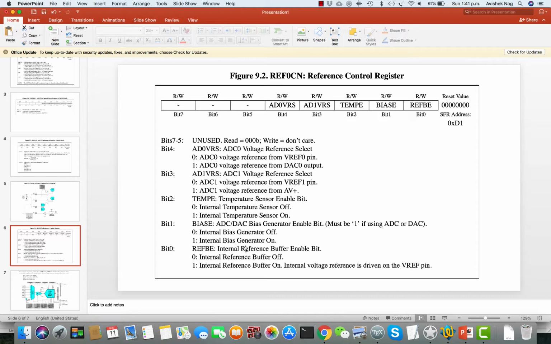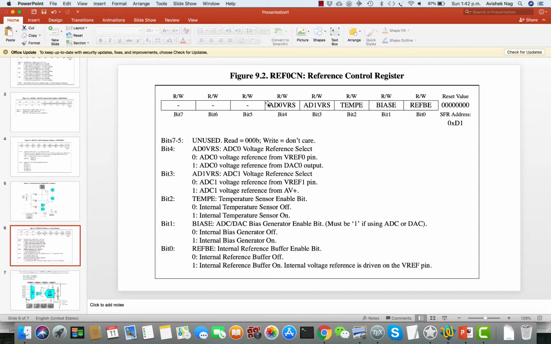For this particular case you have to set bit 1 equal to 1, which means the internal bias generator is on, and bit 0 to 1, which means the internal reference buffer is on. So this is very important, you have to do this.